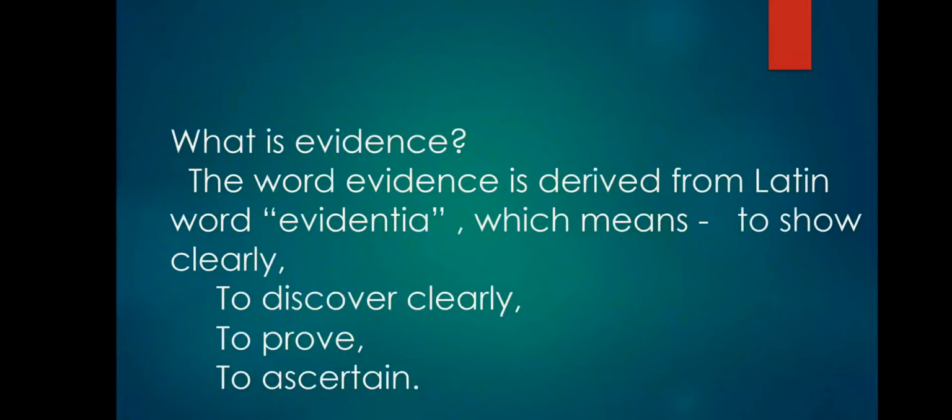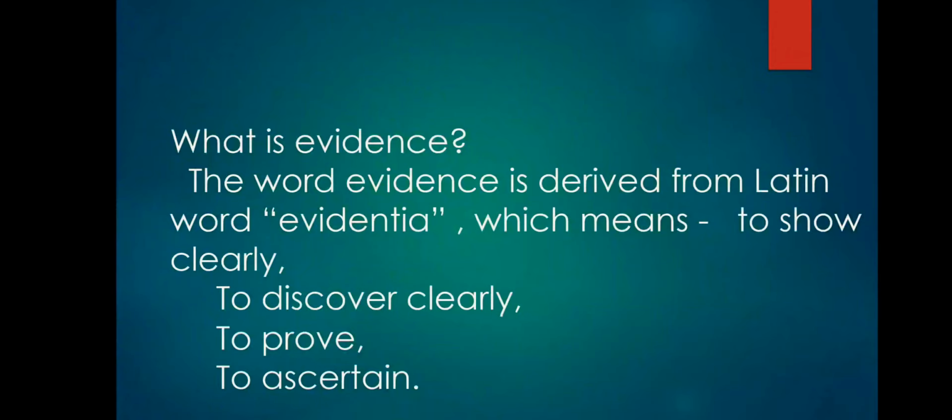Now, what is evidence in general? The word evidence is derived from the Latin word evidentia, which means to show clearly. For example, if A has entered into a contract with B, the document is to be shown, that is, to show clearly that A has entered into a contract with B. Second is to discover clearly.